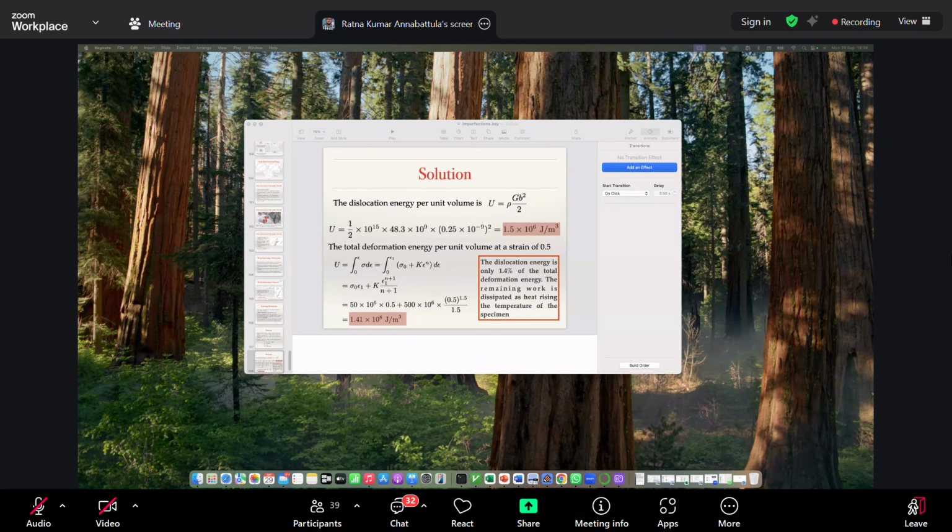We discussed the Hall-Petch relation, which describes the relation between yield strength and the grain size of the material. And we have seen that as we reduce the grain size, the yield strength of the material increases, and that is the mechanism that is used in strengthening the nanocrystalline materials.